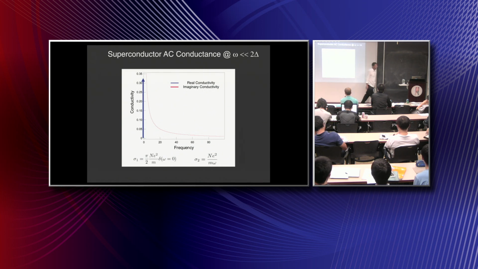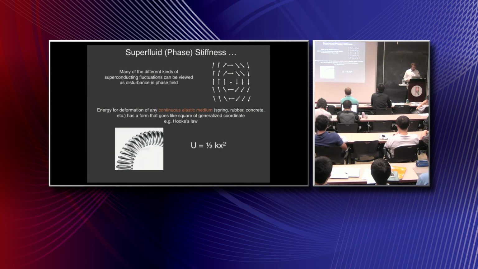Okay? Now, 2D superconductors, and superconductors in general, particularly superconductors that have fluctuations, have a very important quantity in trying to understand the fluctuations of superconductivity, called the phase stiffness.